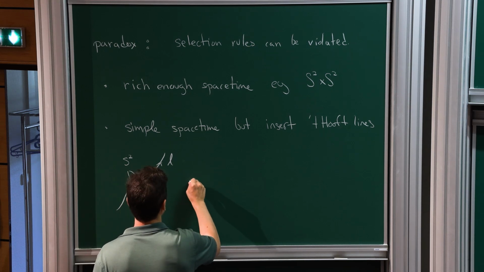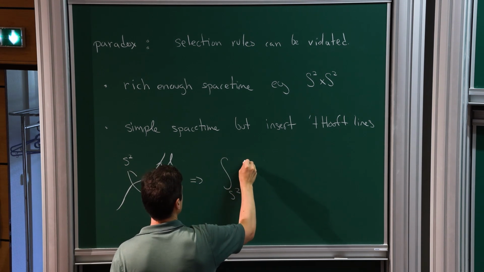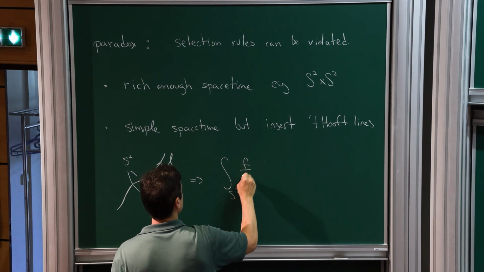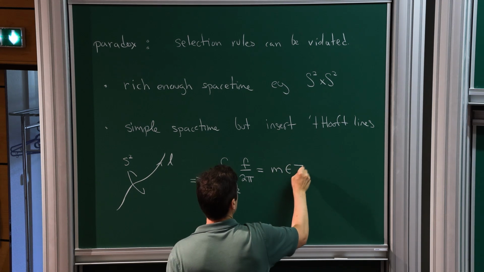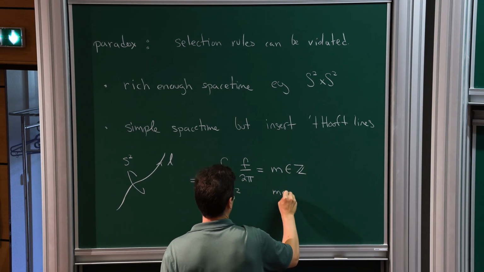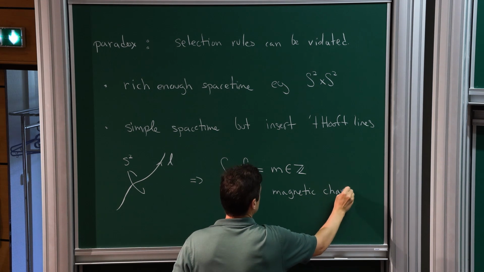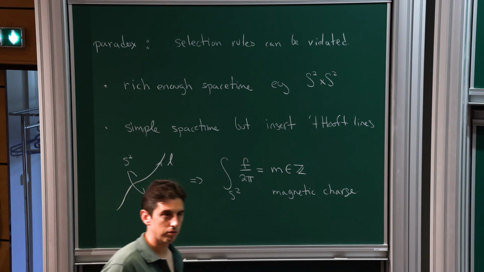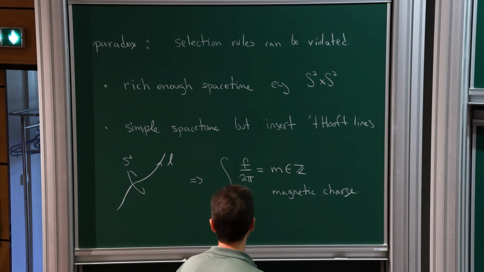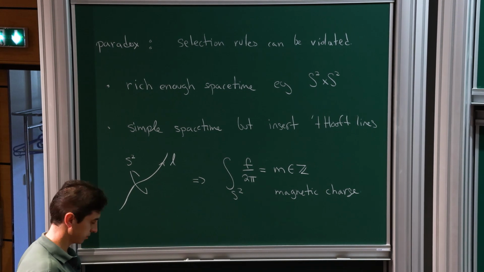But the 't Hooft line is characterized by the fact that the integral over S2 of F over 2 pi is equal to m, which is the magnetic charge. So this is a disorder definition of an operator. We modify the fields that we integrate over to have this behavior. That counts as inserting the 't Hooft line.